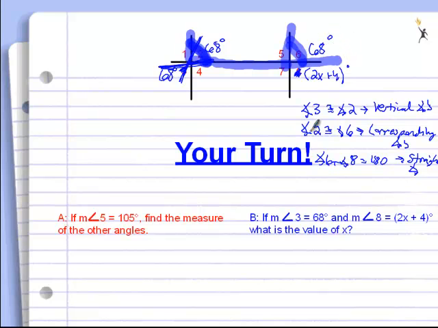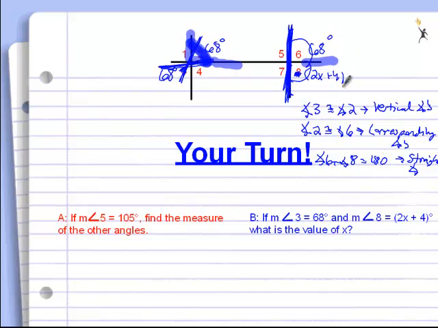Then I used the straight angle theorem, or the definition of a straight angle, or you could call it the angle addition postulate, however you want to say it. I said that angle 6 plus angle 8 gives me a straight line, or that angle 6 plus angle 8 equals 180 degrees.